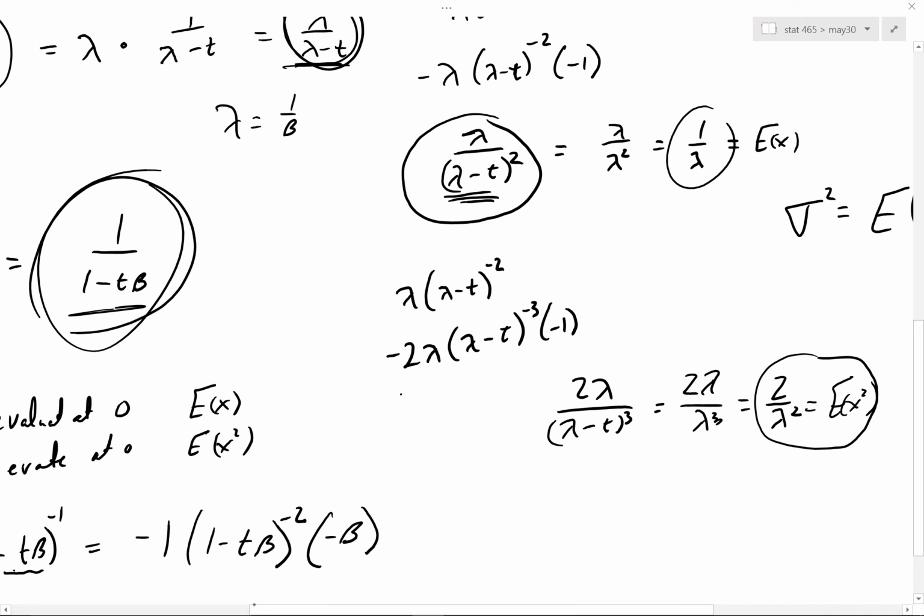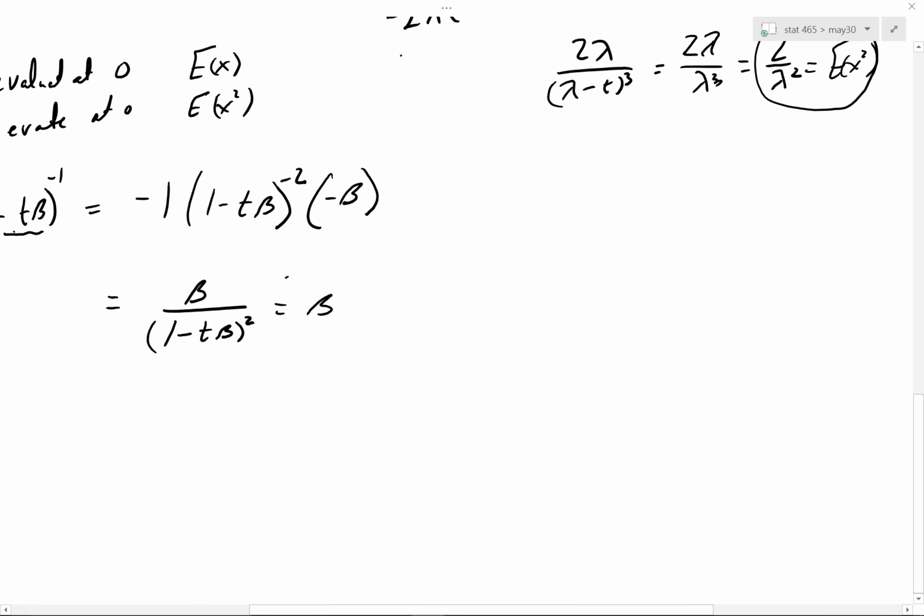And had you done it down here, what you would have found is you would have gotten beta squared. And so that's what you would have gotten for the variance. But let me just jump in right here. Let's look at this guy. So the second derivative here would be just beta. The first derivative would be 1 minus. Okay.